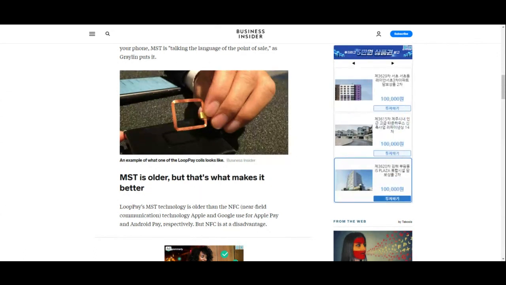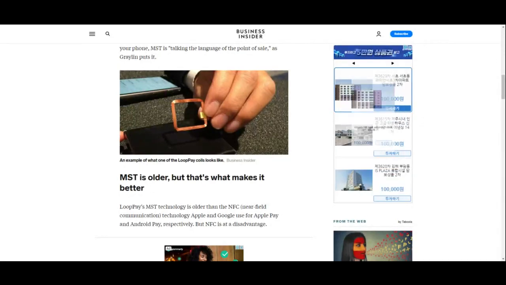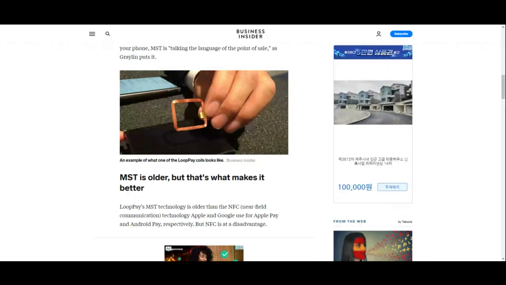So you may Google it easily. I used the keyword Samsung Pay coil on Google. Okay. So ask more questions.